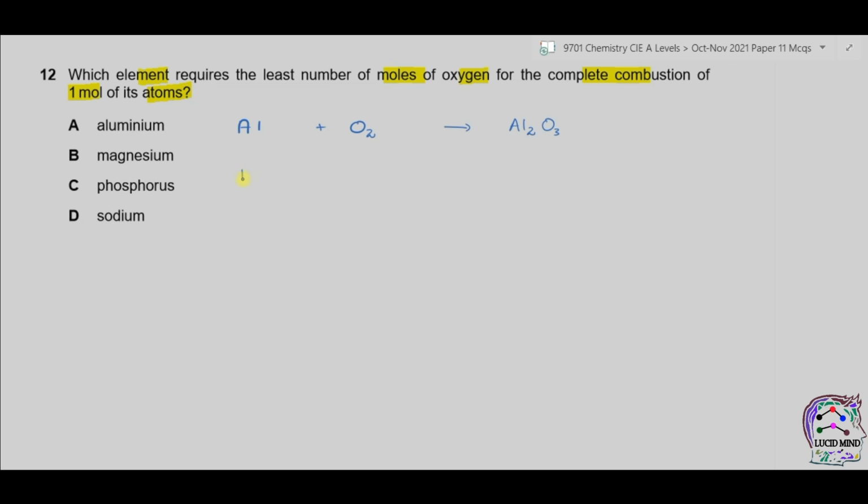Magnesium, it forms magnesium oxide. Phosphorus forms phosphorus oxide. Then we have sodium, it will form sodium oxide.